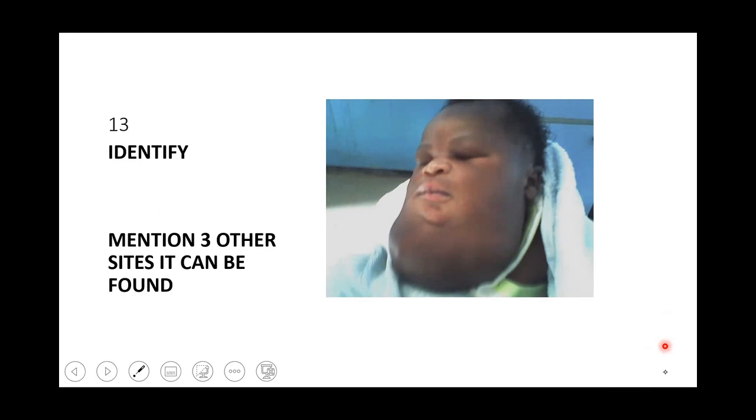Now what is the pathogenesis of lymphangioma? The pathogenesis is the failure of the lymphatic channels to coalesce together to create a channel.